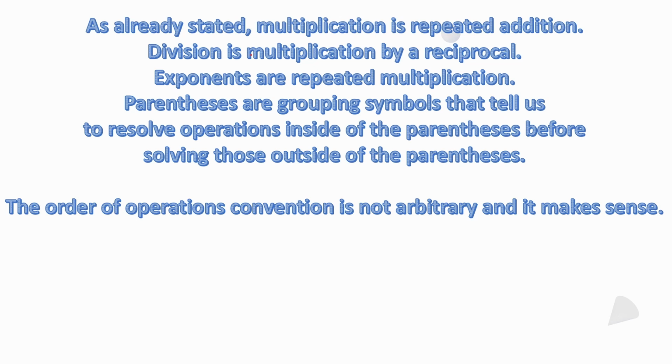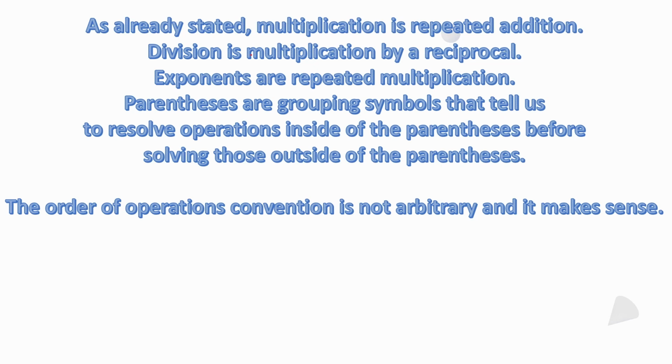So multiplication and division have equal precedence. When you find them in a problem, you solve them left to right. Exponents, on the other hand, you can think of them as a shorthand for writing repeated multiplication. So exponents are going to have a higher precedence. You're going to solve those first before multiplication or division.